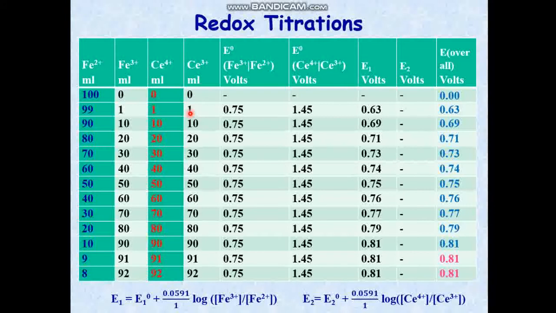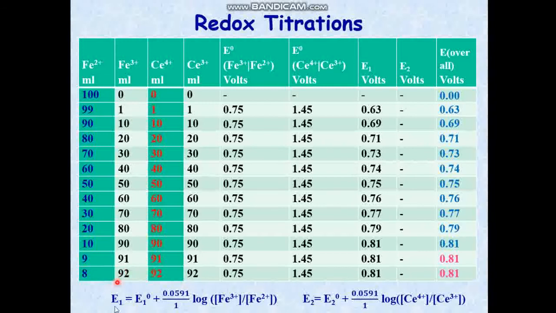The overall electrode potential will be determined by the system where the oxidant and reductant forms of the same species coexist, and this is the iron system. So right now you have 99 ml of ferrous solution and 1 ml of ferric solution in your system.